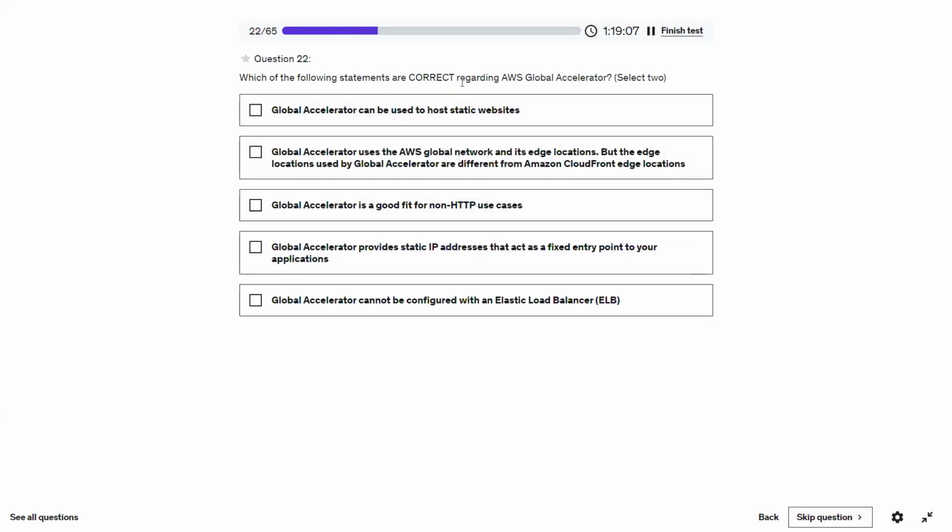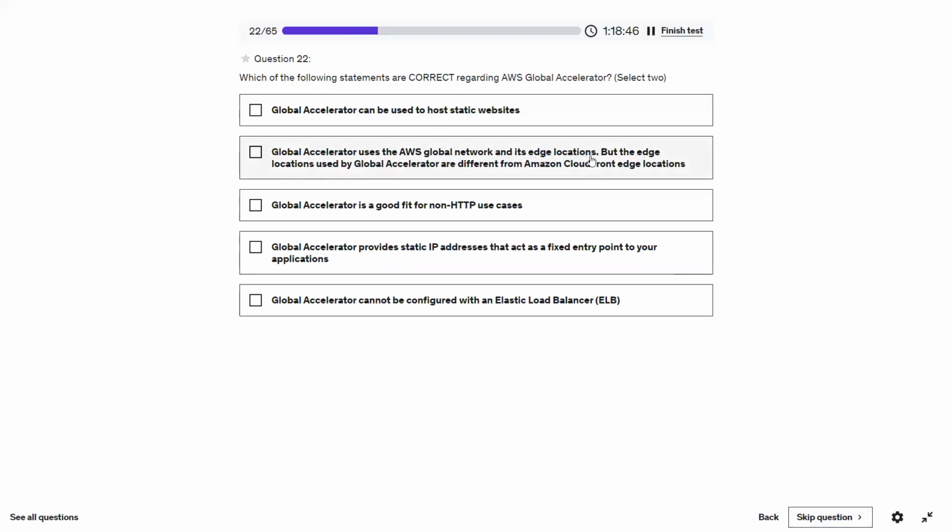Which of the following statements are correct regarding AWS Global Accelerator? AWS Global Accelerator is one of the services which will help you to make your application highly available. Global Accelerator can be used to host a chatty website? Wrong. Global Accelerator uses the AWS global network and its edge locations.